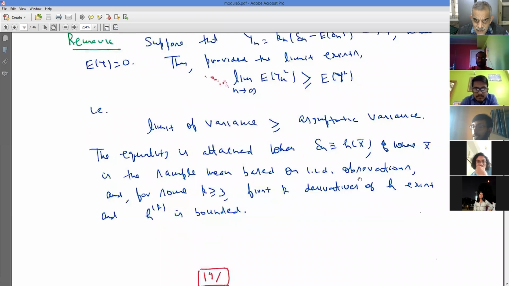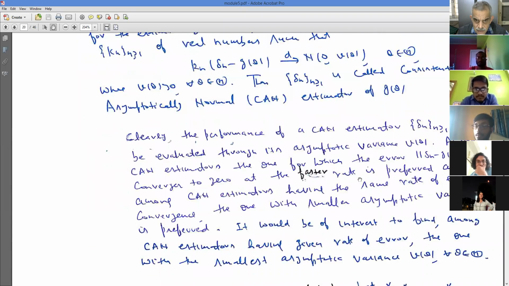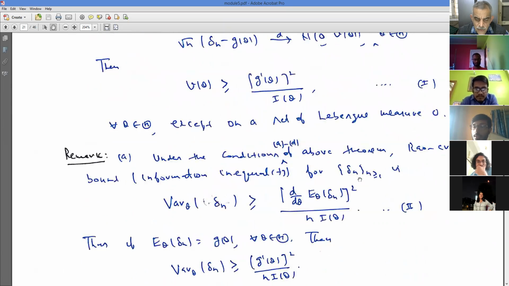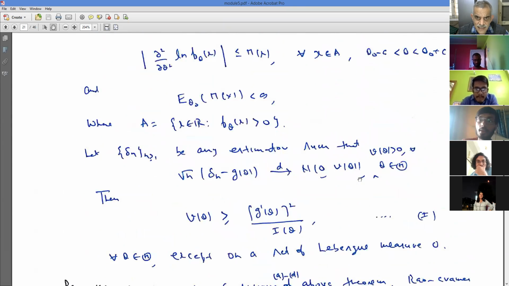Yes, sir. So in that proof you have assumed that the limit variance of root n delta n minus g theta is v theta. For that assumption, we need delta n to be some function of x bar only. It need not be h of x bar; even in other situations it may hold. If it is h of x bar, certainly it will hold.